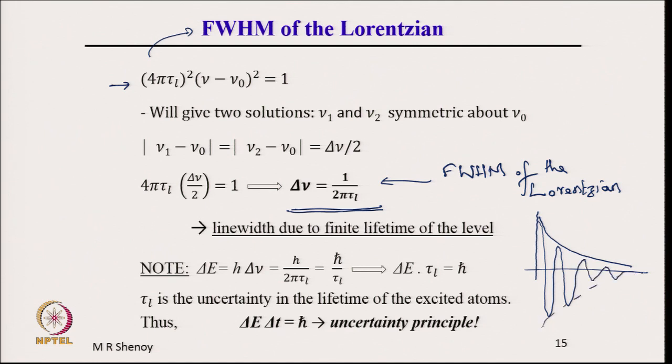And when the electric field is a damped oscillation, it means you are modulating the electric field. And whenever you modulate the amplitude, there will be a corresponding bandwidth. So, by a simple classical approach, we have seen that this corresponds to a line width, and the line width is due to the finite lifetime of the level.